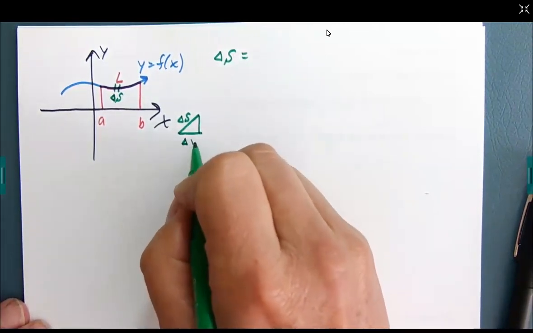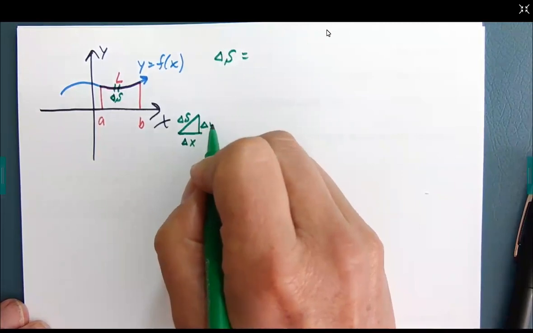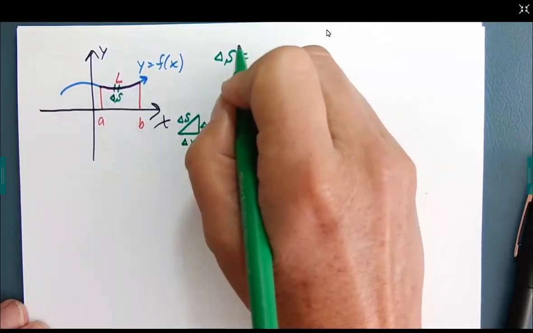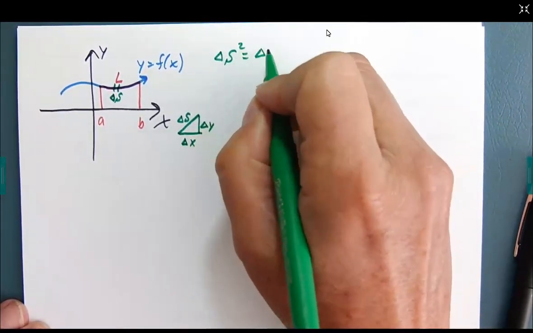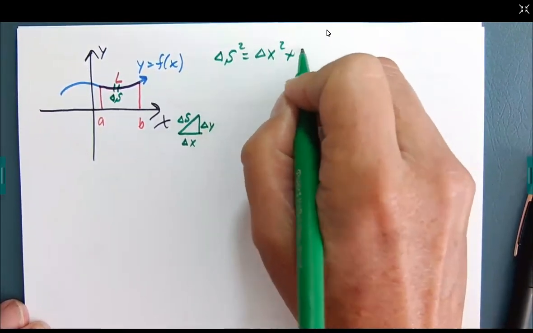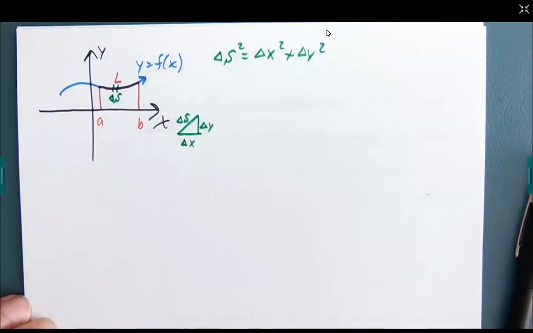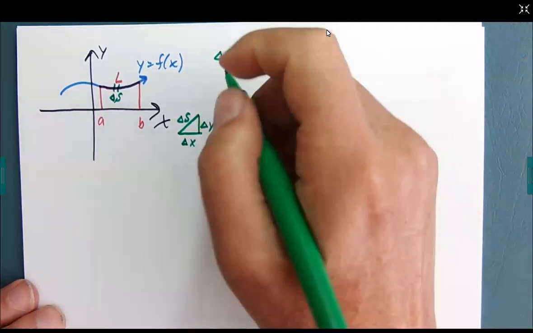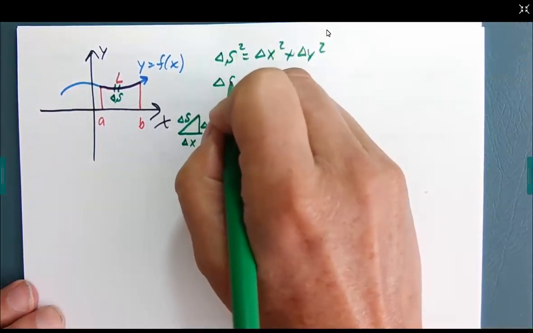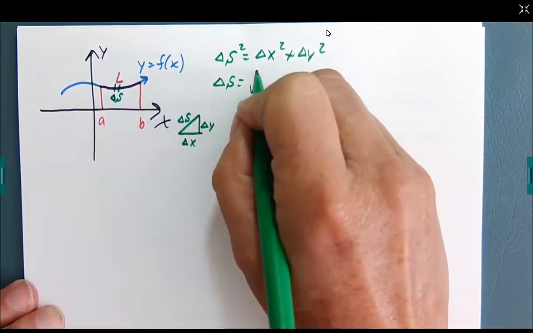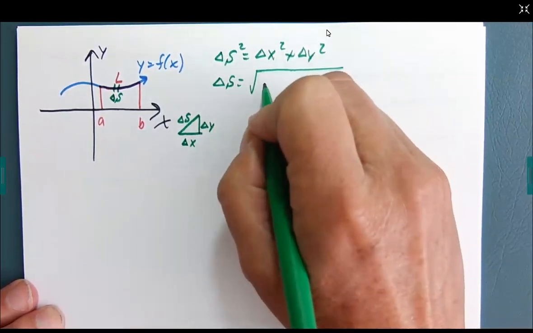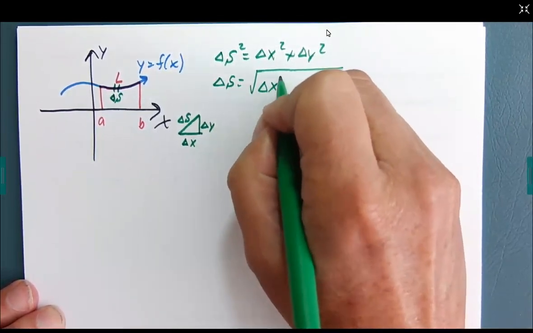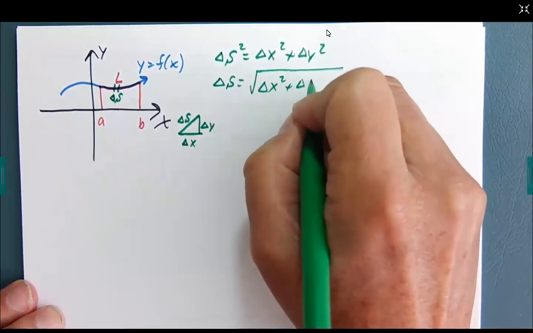And here I have my delta X and my delta Y, which means delta S squared is going to equal delta X squared plus delta Y squared, which means delta S is the square root. We're going to assume it's positive, so I'm not going to do the plus or minus. Delta X squared plus delta Y squared.